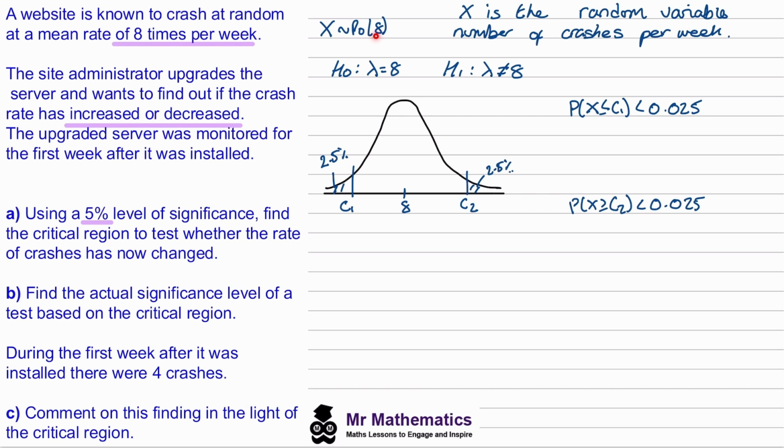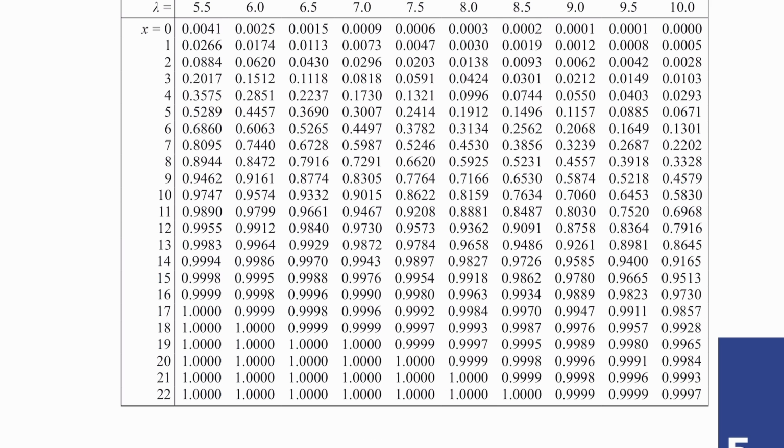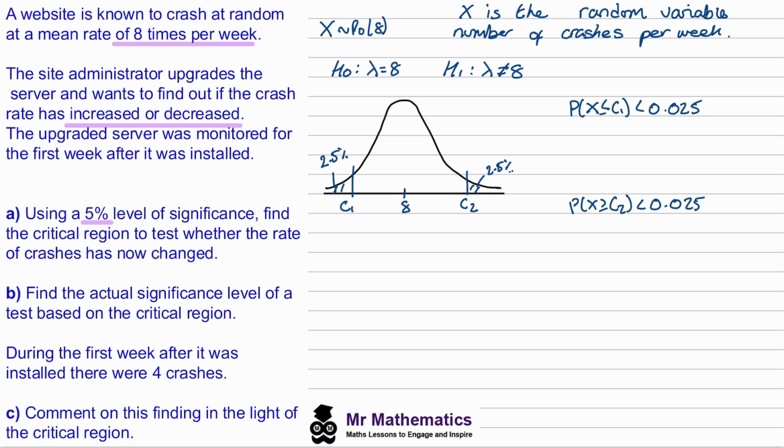We know that lambda is 8. So we want the first probability that doesn't go beyond the 2.5%. That will be when X is 2. We'll have a probability of 0.0138. So a probability when X is less than or equal to 2, 0.0138. So I'll mark this on the diagram here.